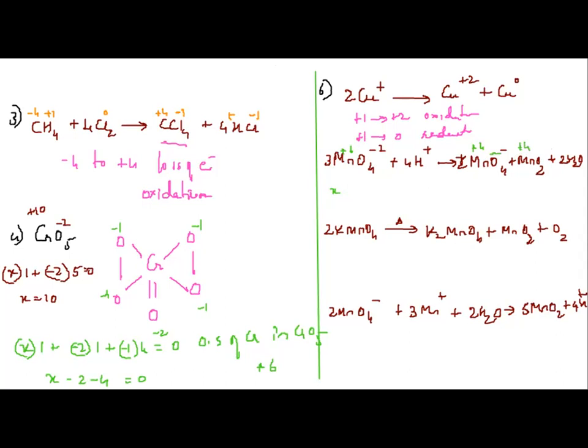So what is happening here? Mn from plus 6 is becoming plus 4. MnO4-, see, they have balanced it, right?